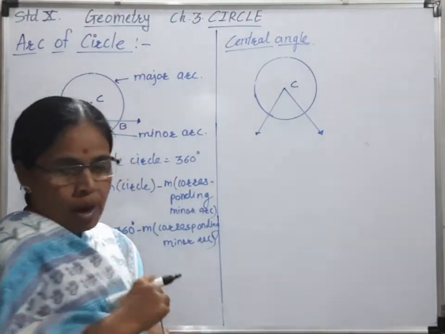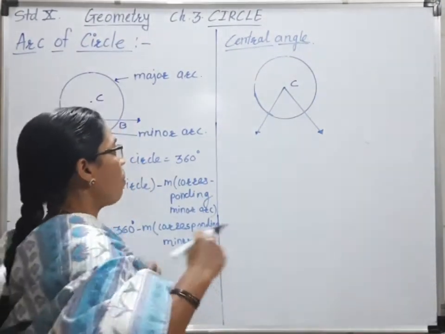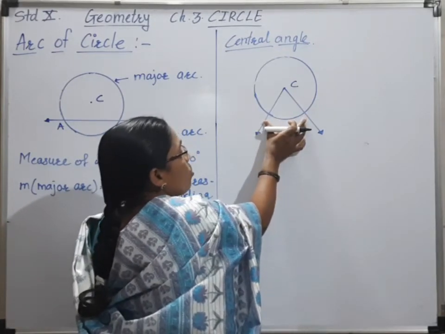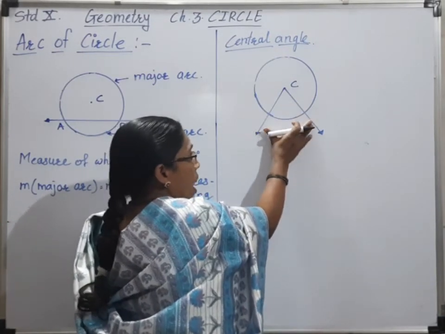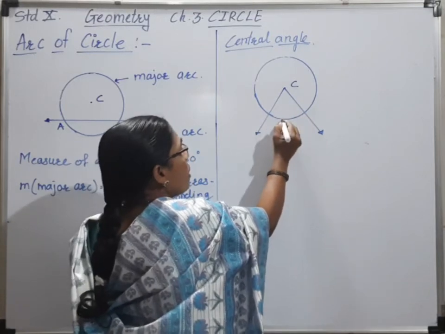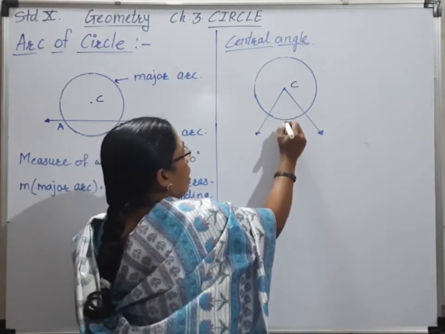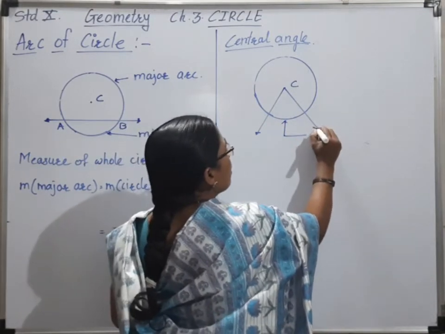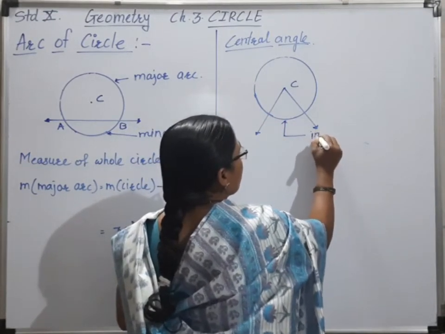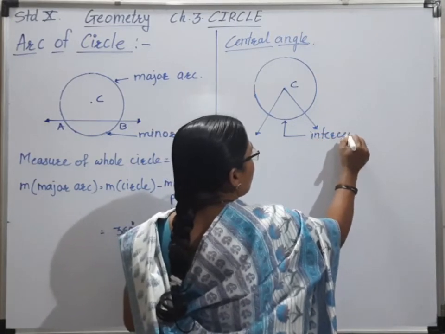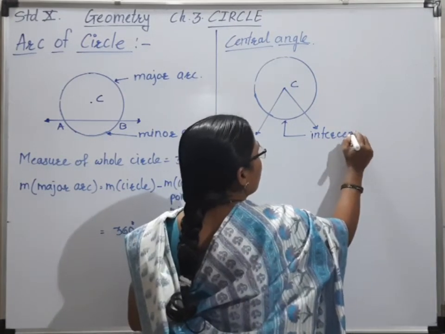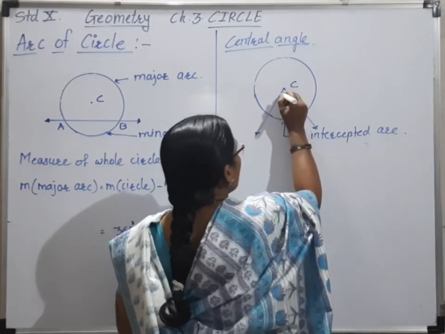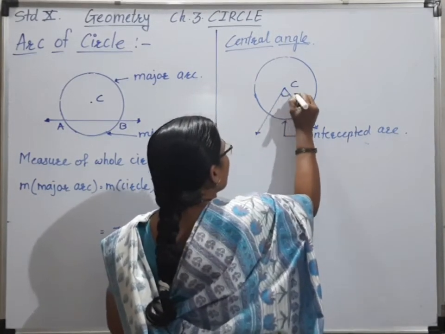And the part of the circumference of the circle which is between the two arms of that angle is called the intercepted arc. This is the intercepted arc, and this is the central angle.